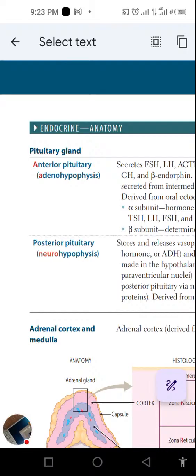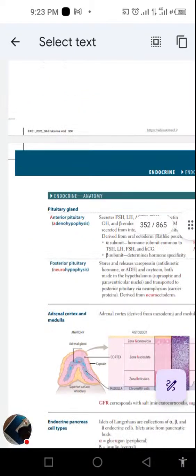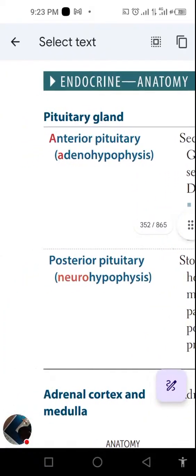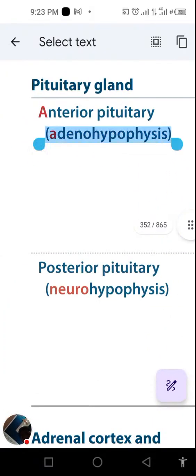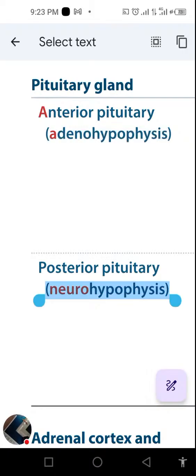Now come to the pituitary gland. The pituitary gland is located at the base of the brain, and it has a lot of reserve of hormones. There are two portions of the pituitary gland: the anterior and the posterior pituitary gland. The anterior pituitary is known as adenohypophysis, and the posterior pituitary is also known as neurohypophysis.